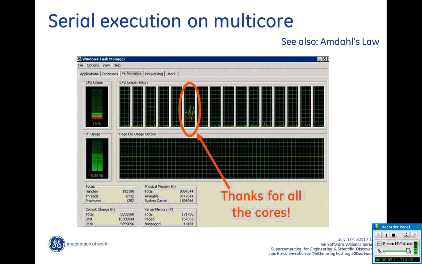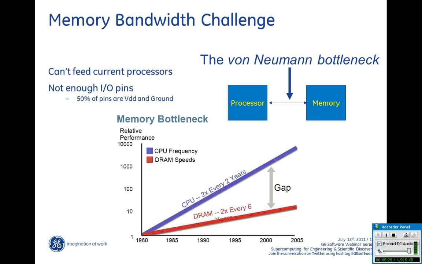The problem is that if your software is not written to take advantage of these, you are only going to see impact on performance that is commensurate with the number of threads or parallel paths that you're able to take. It's called Amdahl's law.